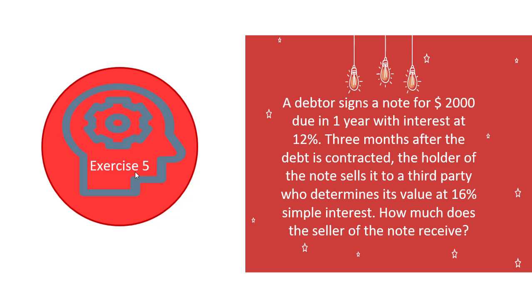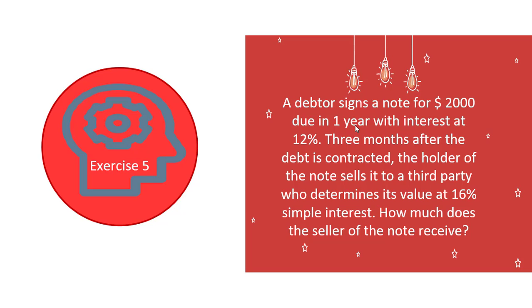Again, a debitor signs a note for $2,000 due in 1 year. So now is date of note. After 1 year, it's the maturity date of the note. The question here, what is the maturity value of the note? Is it $2,000 or more than or less than?